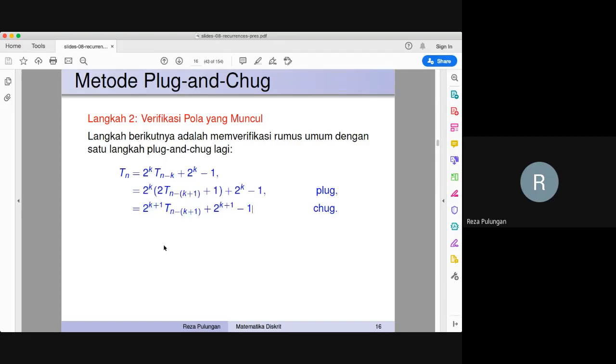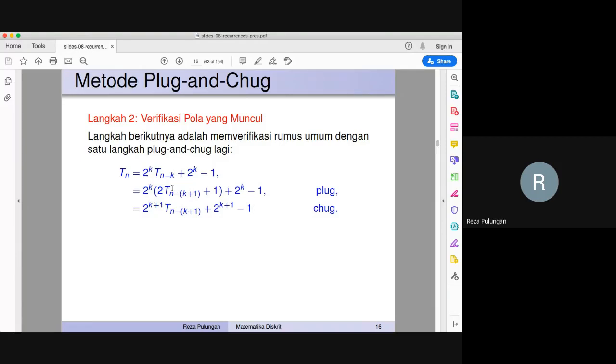So let me return again to the previous one. Like I said before, this is actually an induction, but you perform this in a mysterious way. What we have done is perform once more plug and chug and observe: once you perform plug and chug, every k becomes k plus 1. This is k, this becomes k plus 1.